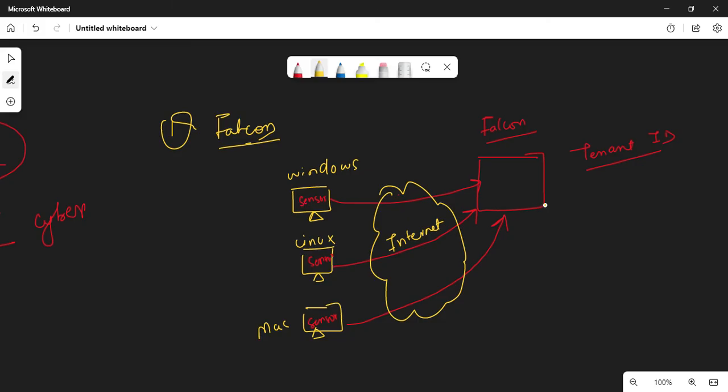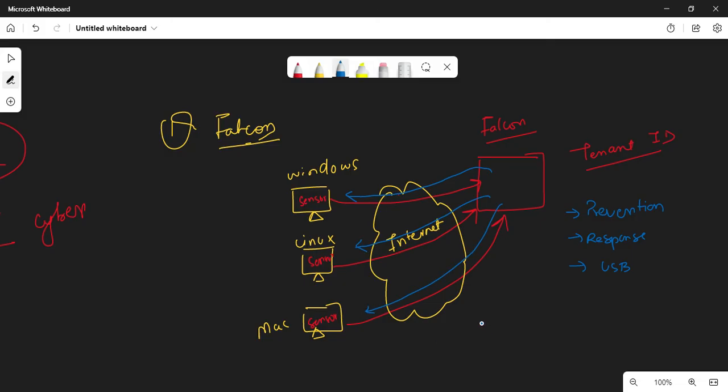It is a single pane of glass from where you can configure the prevention policy, the response policy, and the USB policy, right? All these policies will be pushed from this portal towards the respective sensors.